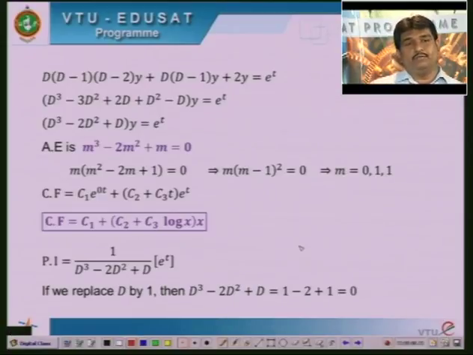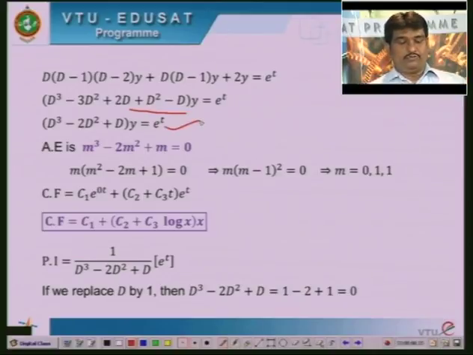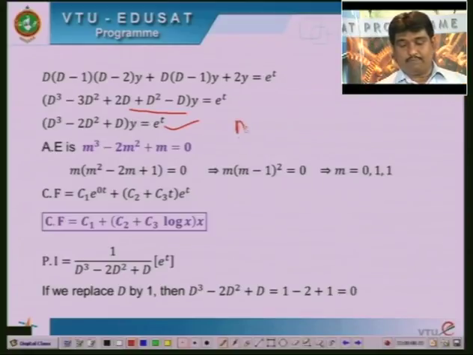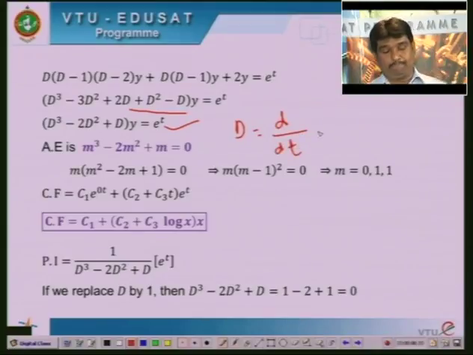Multiply, it's D cube minus 3D square plus 2D plus D square minus D of y equals e to the power of t. It reduces to this form, D cube minus 2D square plus D of y equals e to the power of t. This is a linear differential equation with constant coefficients where D represents the derivative with respect to the new variable t.